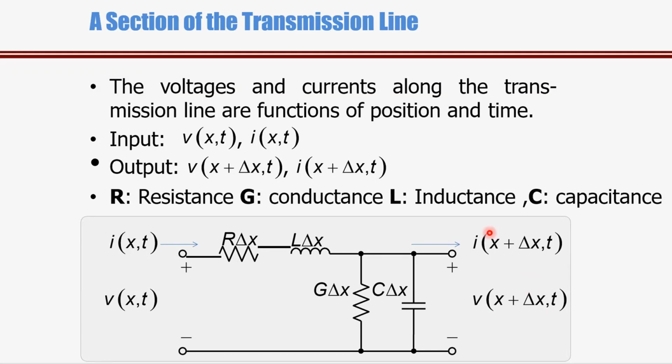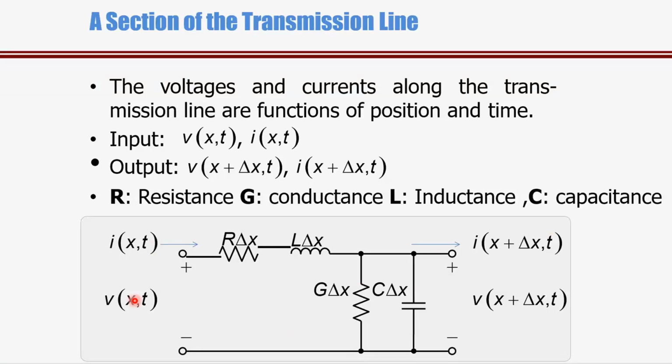So at the receiving end, the current is represented by I in bracket x plus delta x comma t, and voltage V is represented as V in bracket x plus delta x comma t. And again these general parameters, that is R, L, G, C, are present. What is R? R is resistance, G is conductance, L is inductance, and C is capacitance.